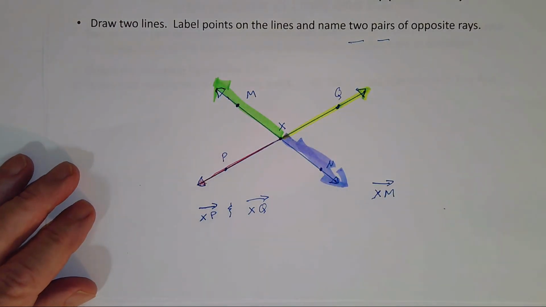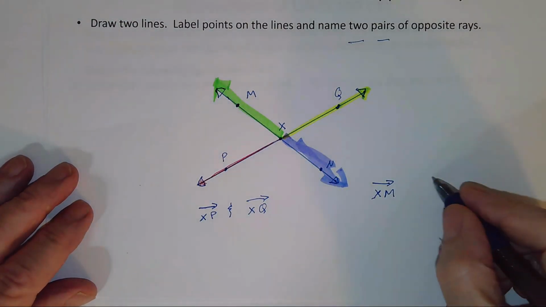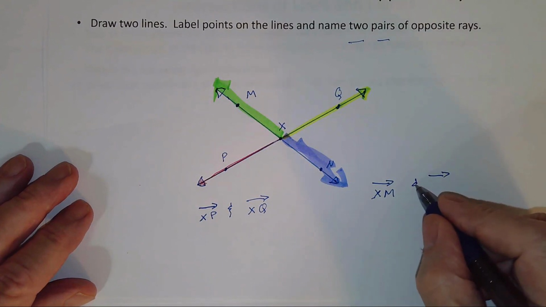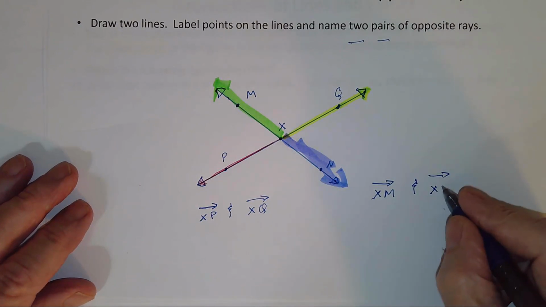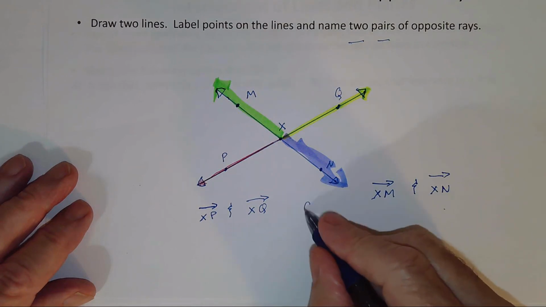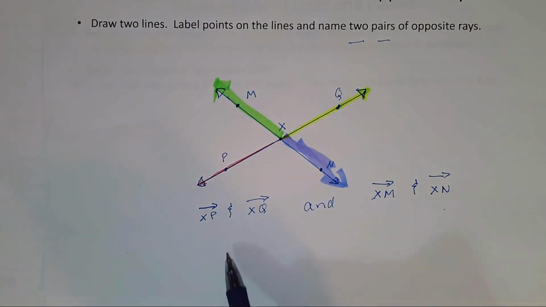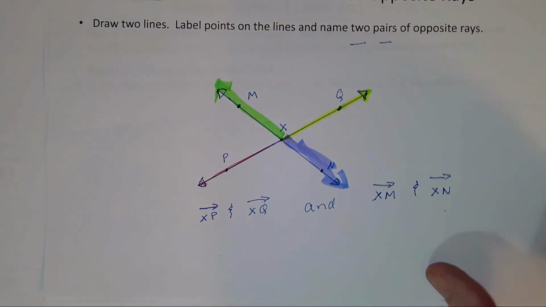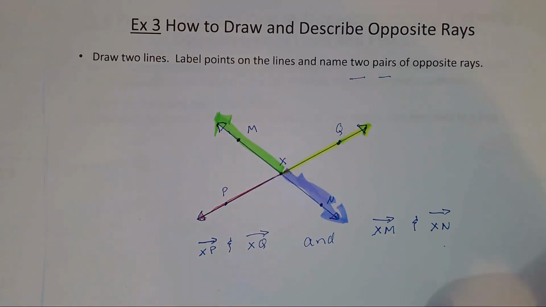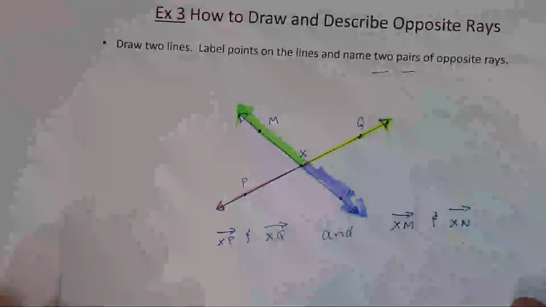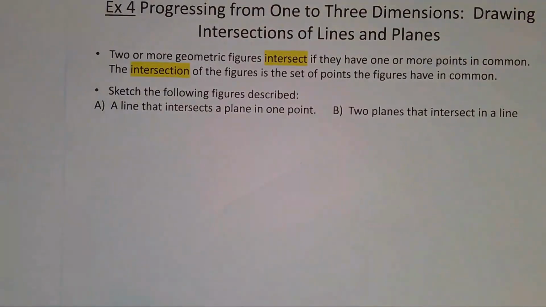So we've got two pairs, and those are the opposite rays. Okay? Pretty simple. All right. So I'm going to move on. This goes pretty fast, as you can see.